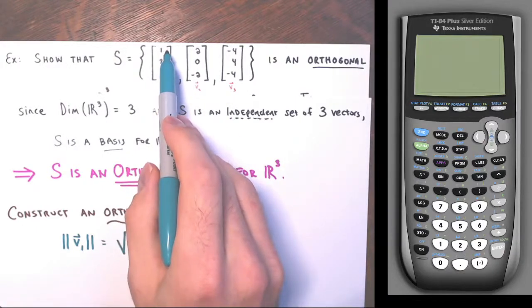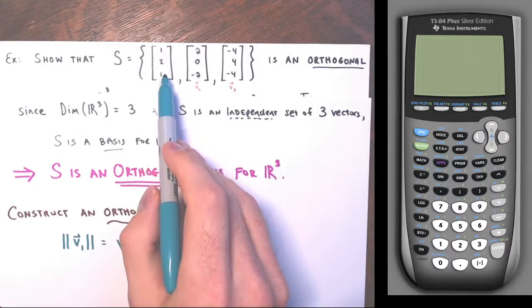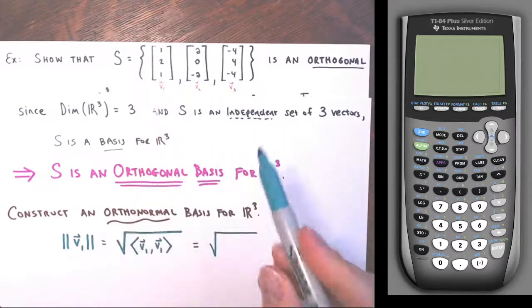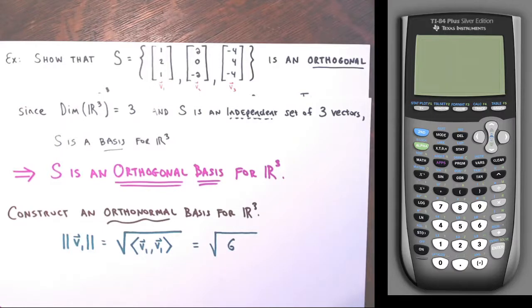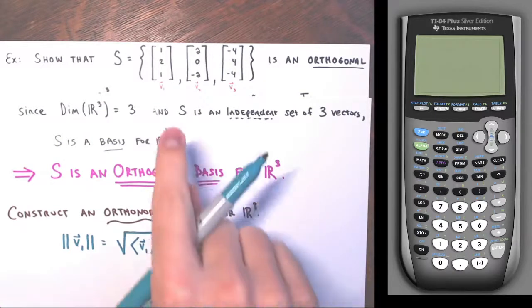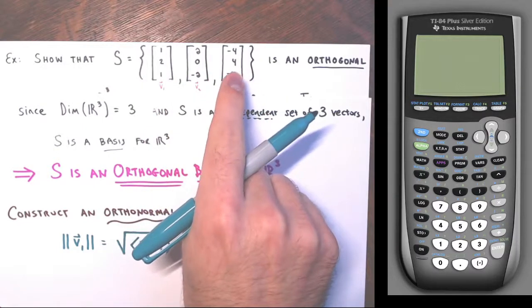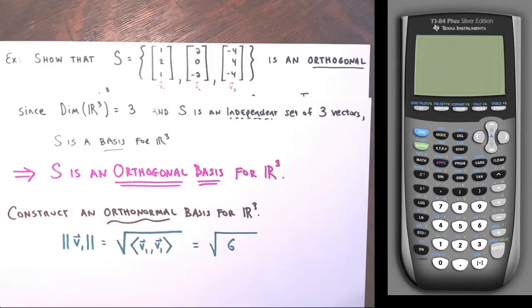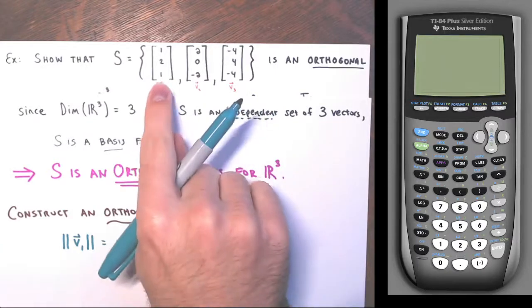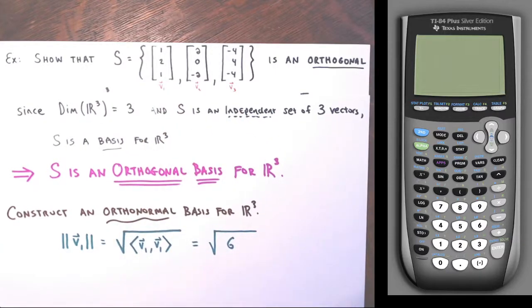That'd be 1 times 1 plus 2 times 2 plus 1 times 1. 1 plus 4 plus 1, the square root of 6. Notice that's not 1, so that's not a unit vector. So this is not an orthonormal basis already, it's just orthogonal. So I'll divide this first vector by the square root of 6.